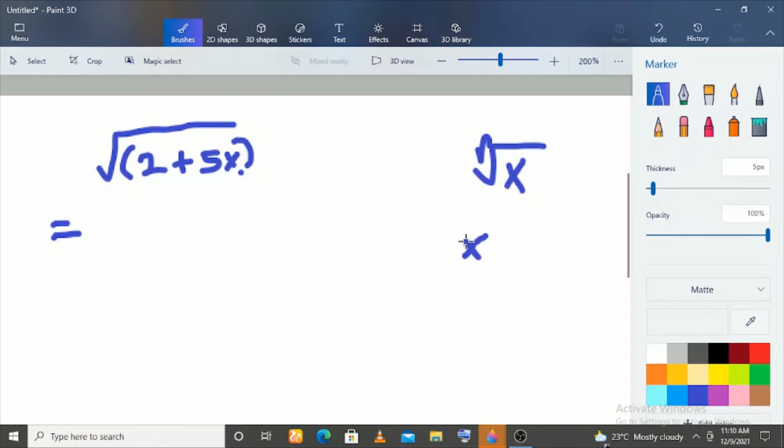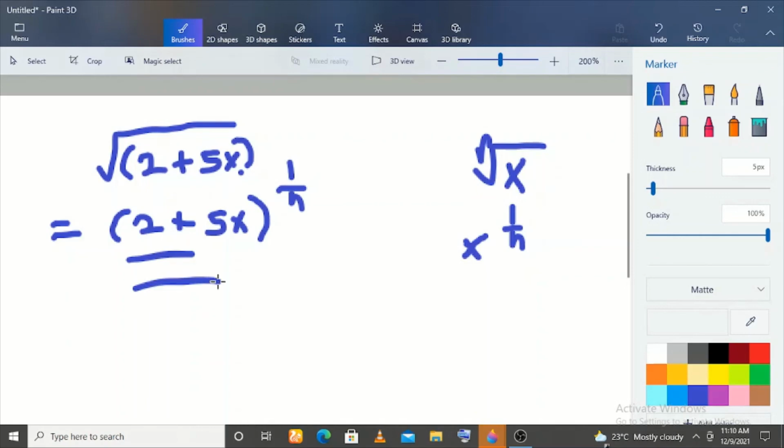So in exponential form it is going to be x to the power 1 over n. This n will be the denominator. So that's the same thing here. We are going to do this. And there you have it. You have solved your radical.